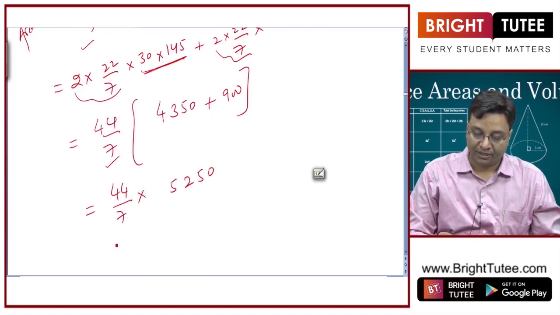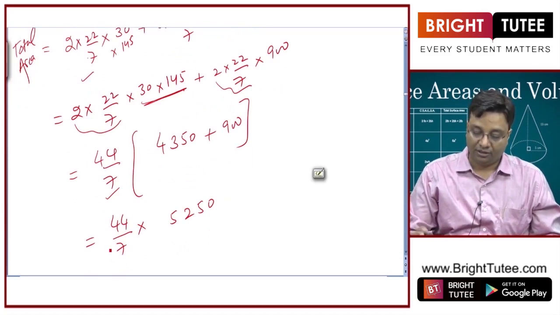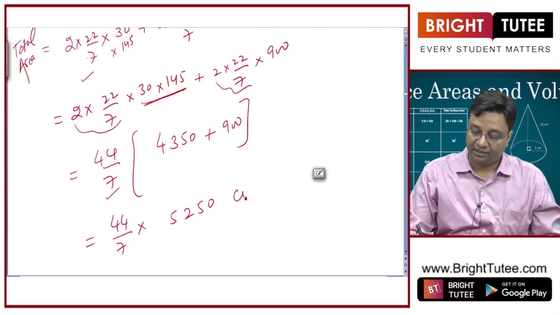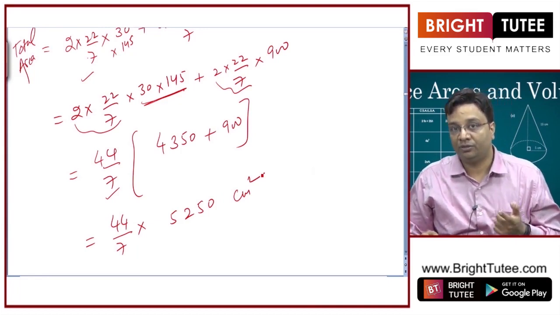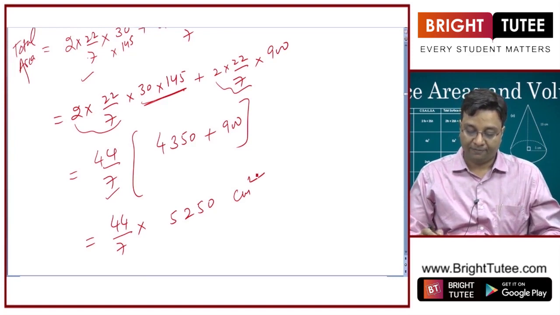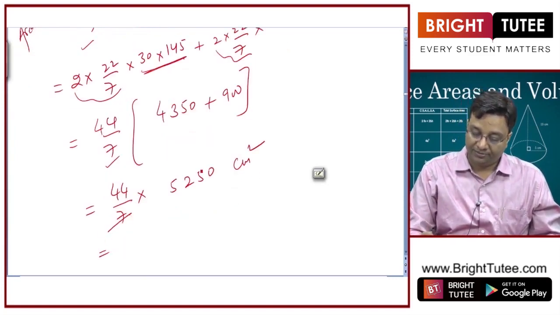Okay. Now if you want to further calculate it, you can convert it into decimal form also, right, and this will be in centimeter square. If you want to convert it into meter square, you will have to divide it by 10,000. Okay. So let me calculate it.